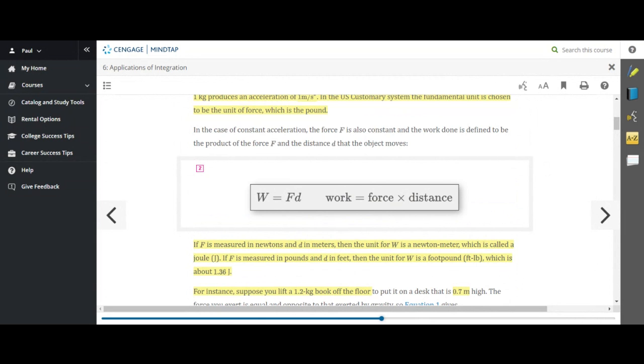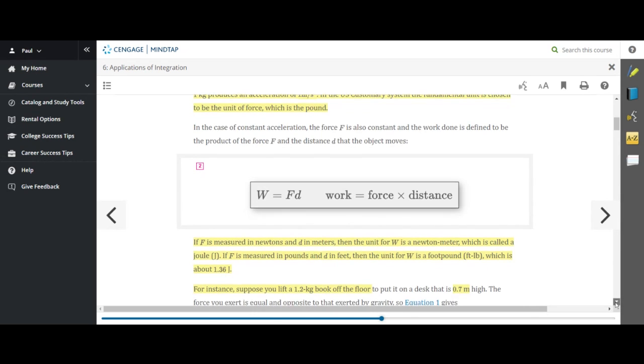But now we're going to be a little more sophisticated, so to speak. What if the force is not constant? What if the force were to change with respect to x? Well, that's what they're talking about now down here.